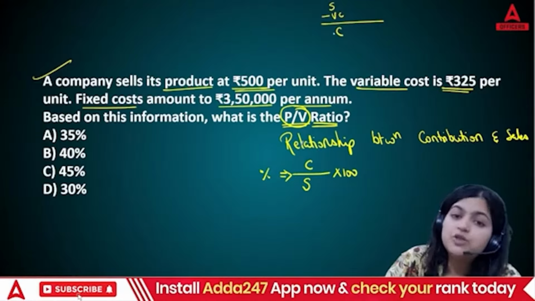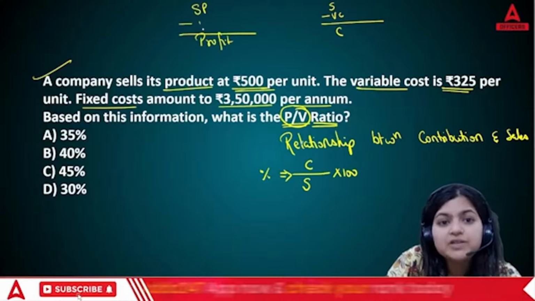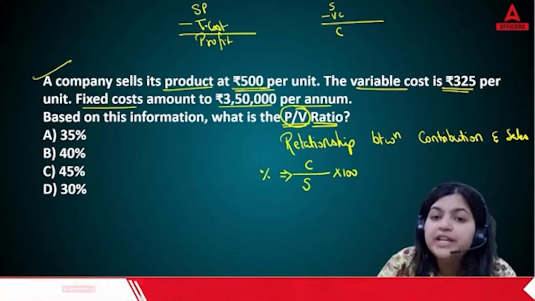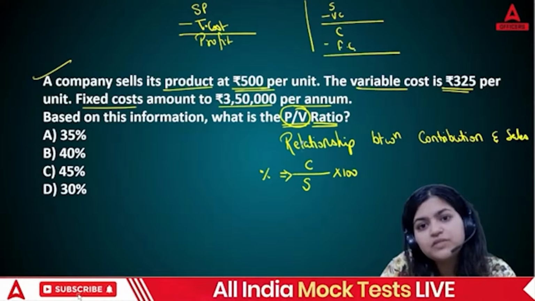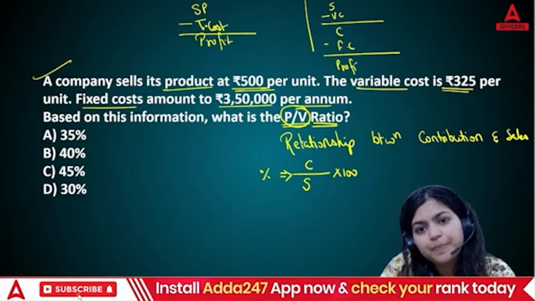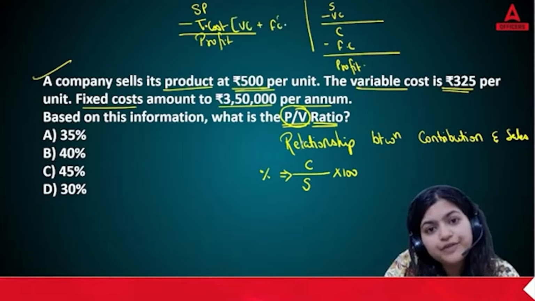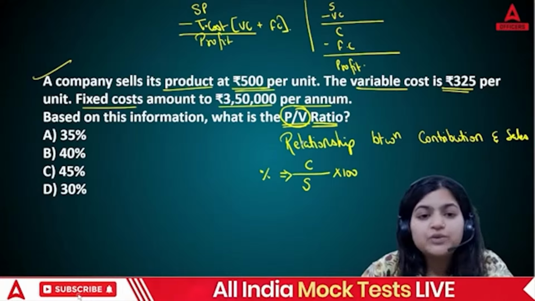This is not a profit. If you want to calculate profit, you need to take two things, that is your selling price minus your total cost. Here in your second formula, if you subtract fixed cost, you will get profit, because total cost includes variable cost plus fixed cost. What is our general formula for calculating profit?